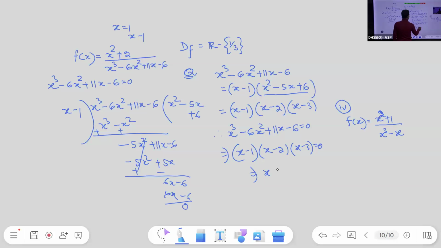This implies x is equal to 1 or 2 or 3. Okay. So domain of the function is R minus {1, 2, 3}.